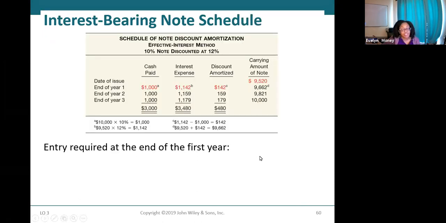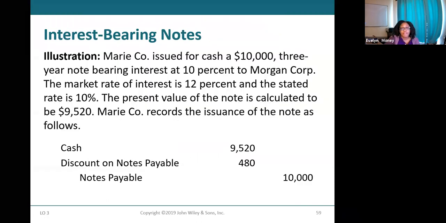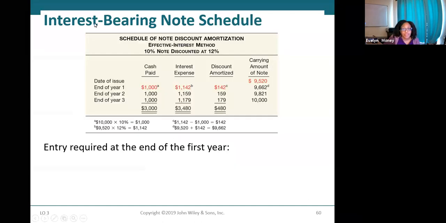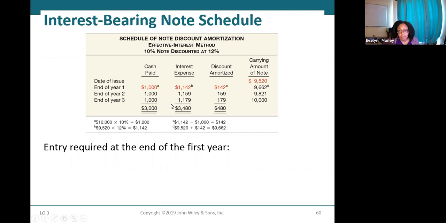Now, we still calculate interest the same way using the effective interest method. The big difference is now we have a cash interest payment. We find that cash interest payment by using the principal amount times that stated or contract rate of interest. And that's where that 1,000 comes from. We find the interest expense by taking the carrying value of the note and then multiplying that times the market rate of interest.